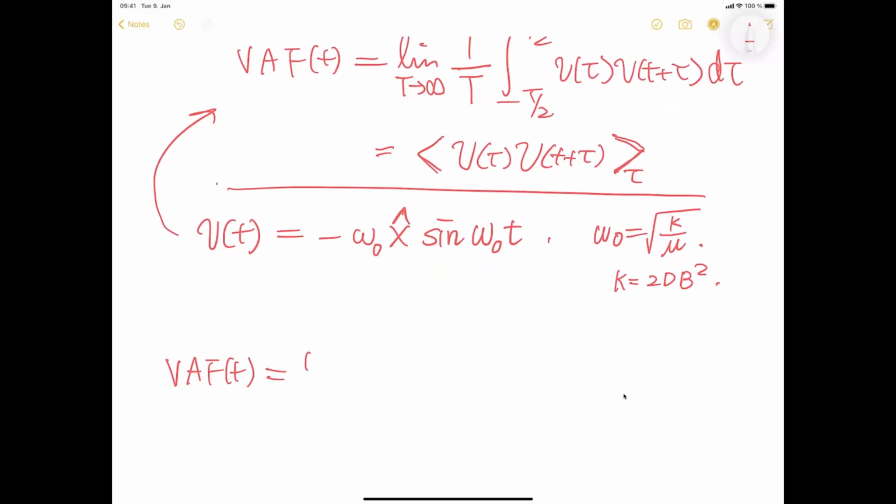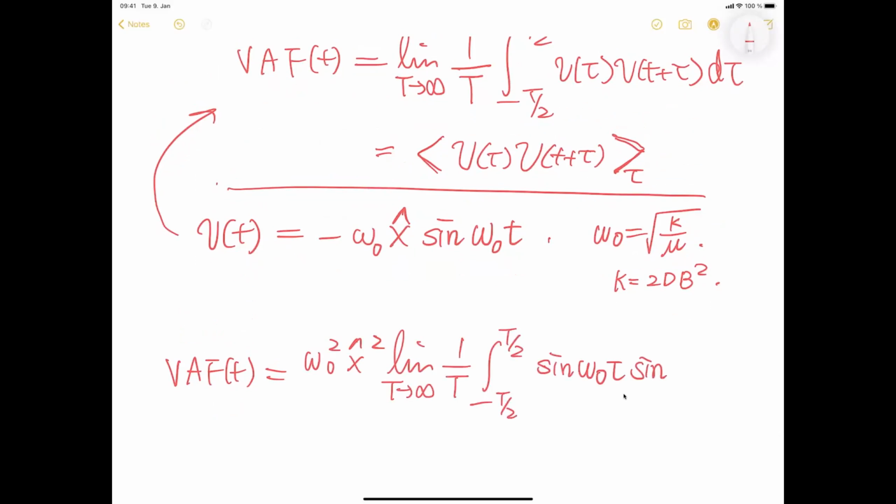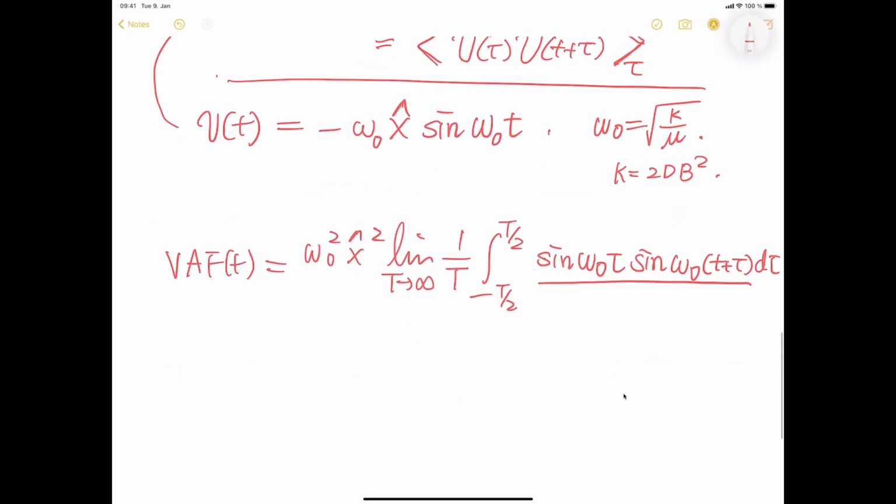And now we have the limit t approaching positive infinity, integral from minus t half to t half, and here we have sine omega 0 tau times sine omega 0 t plus tau d tau. So we need to integrate this product of these sine functions.